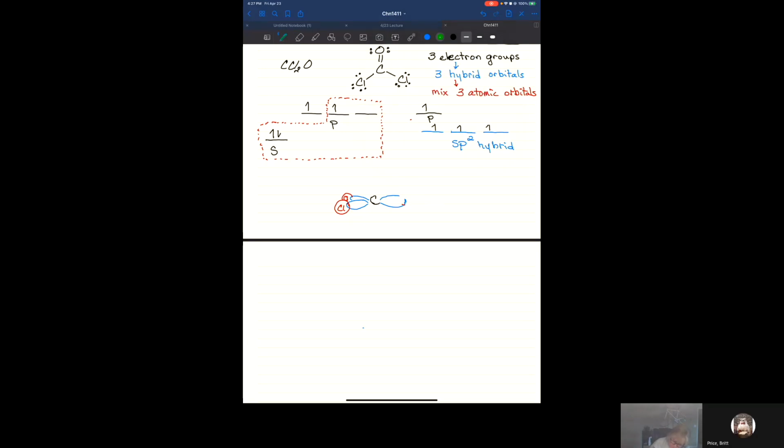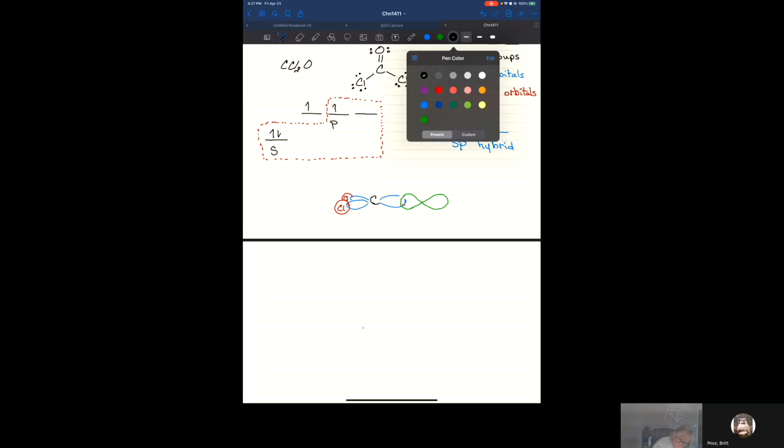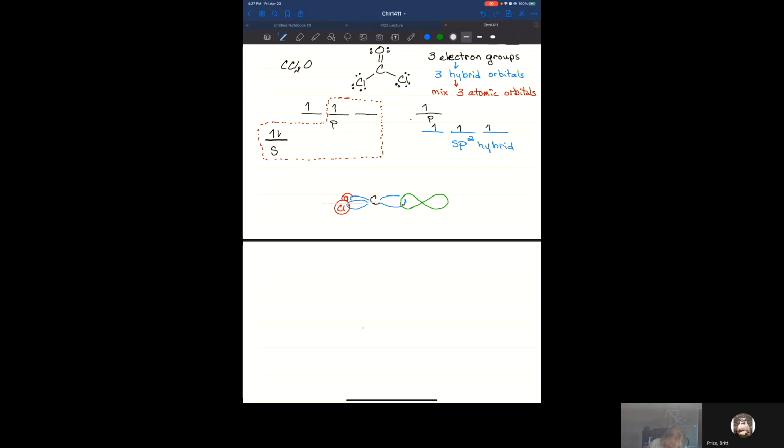Let's do it in green. And so this is my oxygen. You could imagine that there is an axis that runs right along in between the 2 chlorines, through the carbon to the oxygen. So this is all in a single plane.